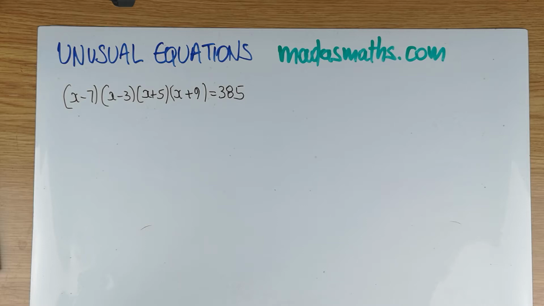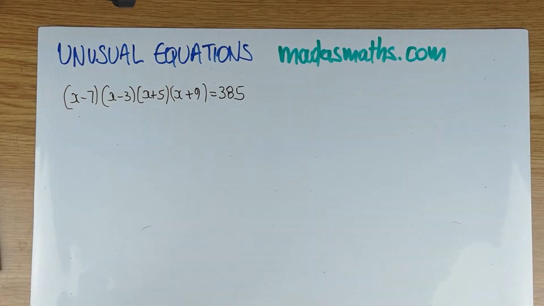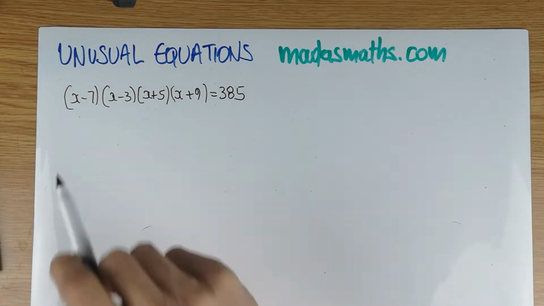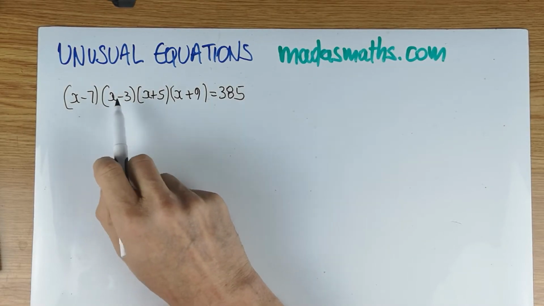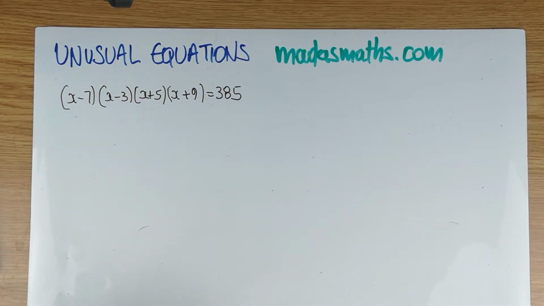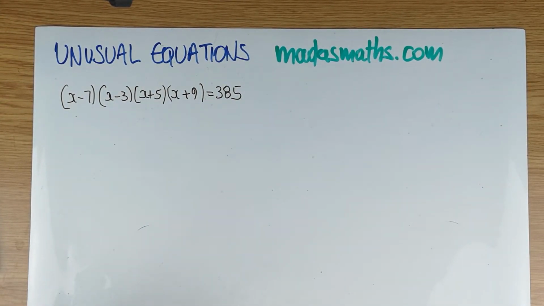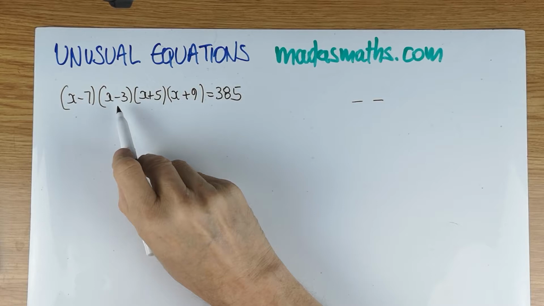I just want to show you a little technique for something like that, and it's what to look for. We've got 4 brackets. There's a reason why it's been written like that. If you look at the gap between the numbers, it's going in 2s: 3, 5, 7, and 9, which means if you multiply any 2 brackets which are 2 apart, as long as it's a minus with a minus, of course they will add.